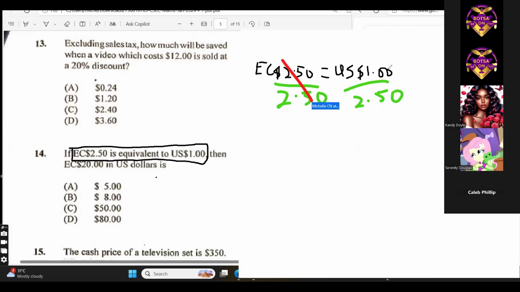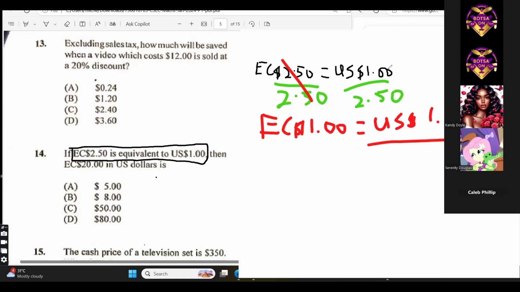So 250 over 250 would be reduced to 1, so EC $1 is equal to US $1 over 250. Some people would reduce this, but I'll leave that just so for now, because that will be a whole lot of drama, right? 1 over 250.